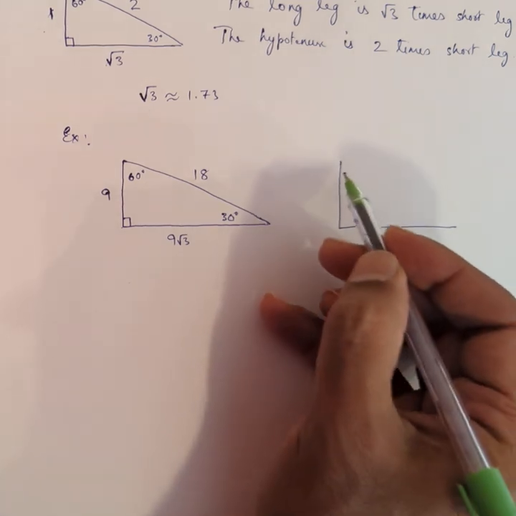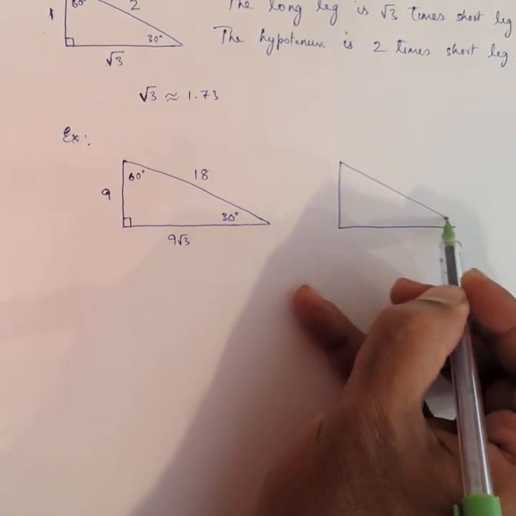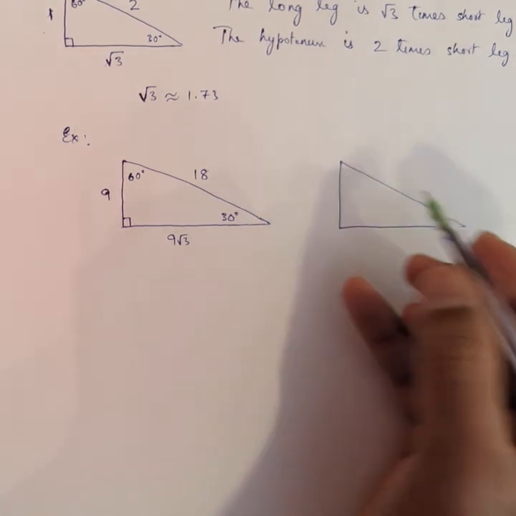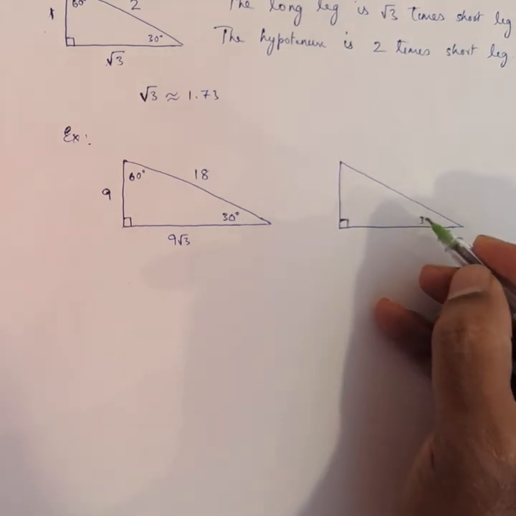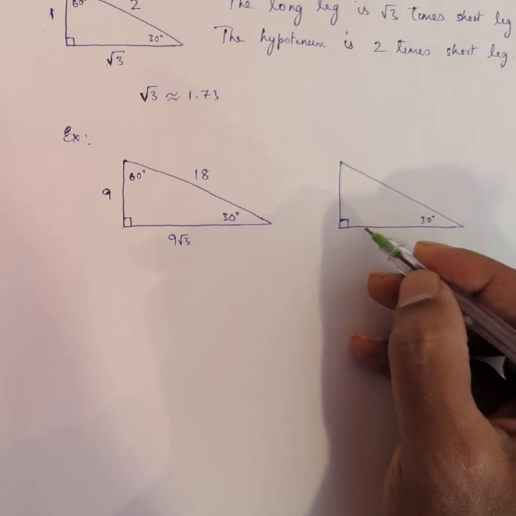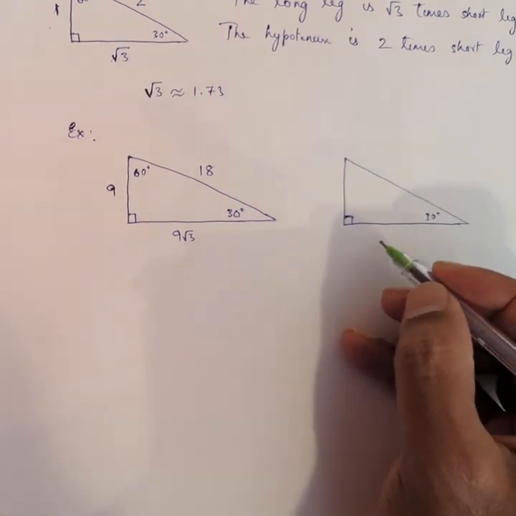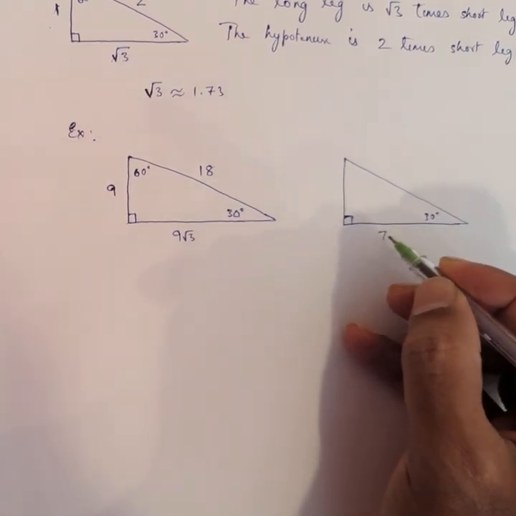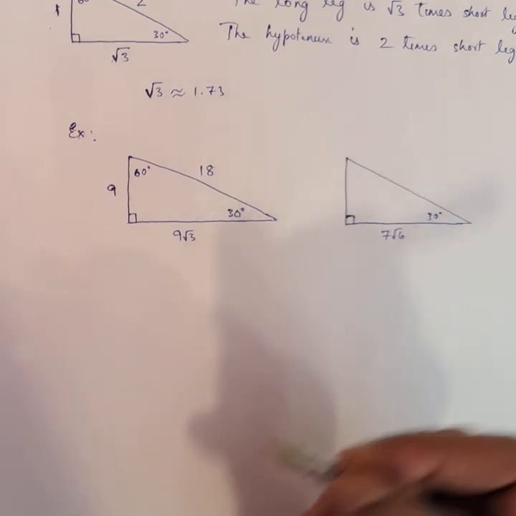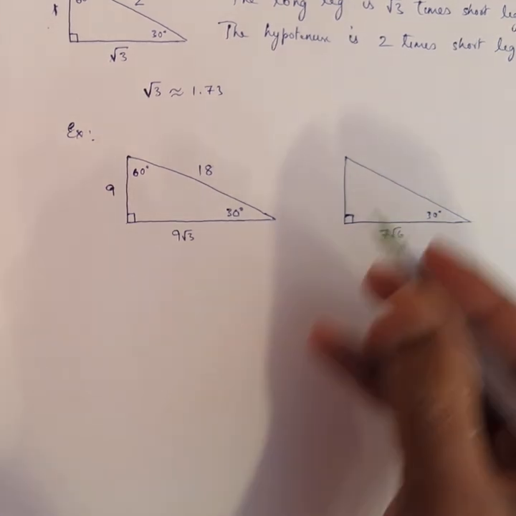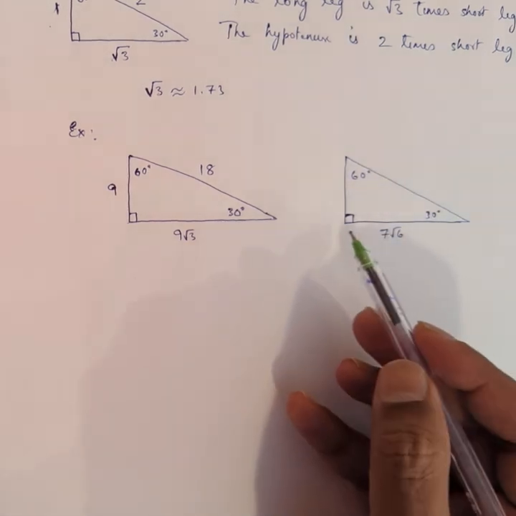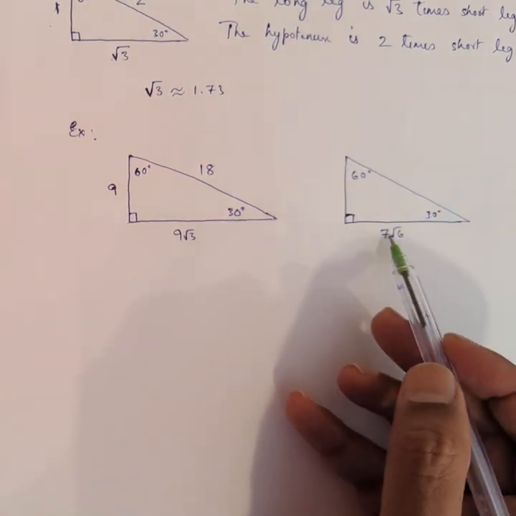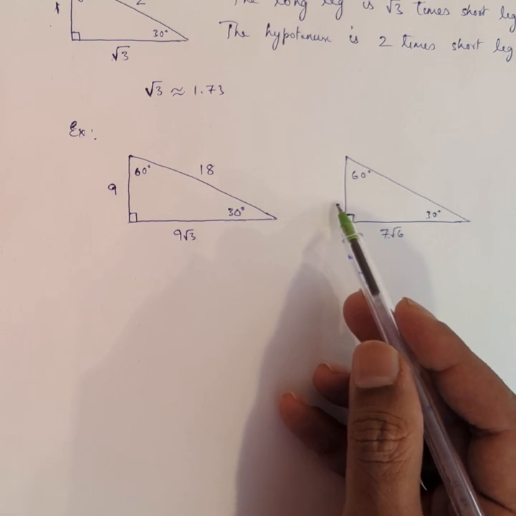Now, what would we do if we are not given the short leg? Here is my recommendation. Always find the short leg first, even if it is not part of the problem. So if this is 30 degrees, say you're given the long leg as 7 root 6. Then how are you going to solve? Well, this angle is easy. It's 60 degrees. So if the long leg is 7 root 6, how do you get the short leg?